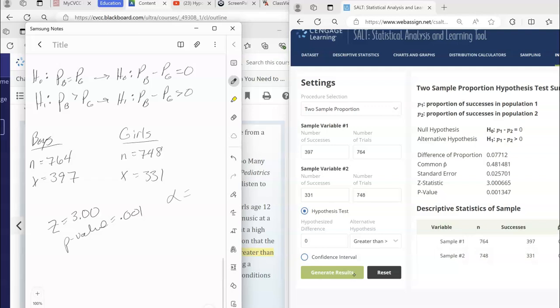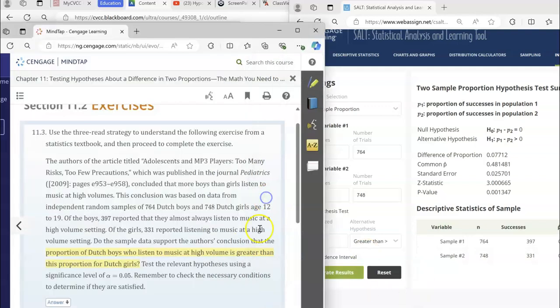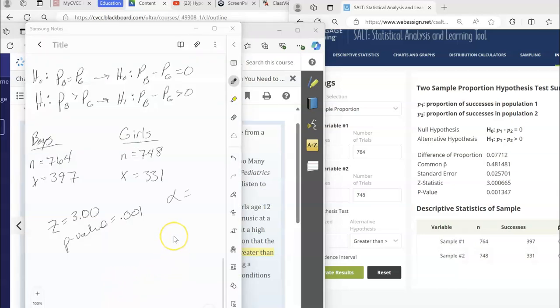We were testing this claim at, I think it was 5%. Yep, 5%. So our p-value is less than alpha. P is less than alpha, we reject H naught.